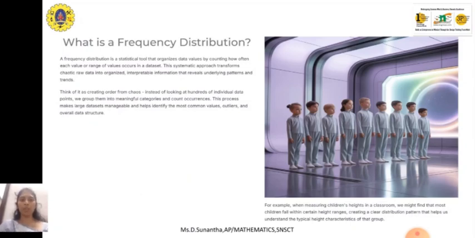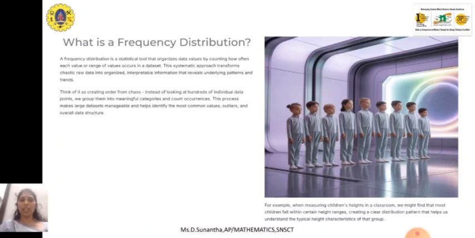A frequency distribution is a statistical tool that organizes data values by counting how often each value or range of values occur in a dataset. This systematic approach transforms chaotic raw data into organized, interpretable information that reveals underlying patterns and trends.